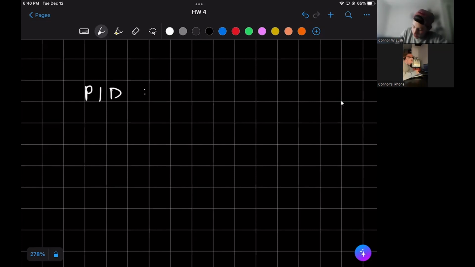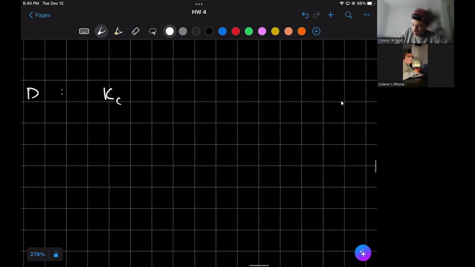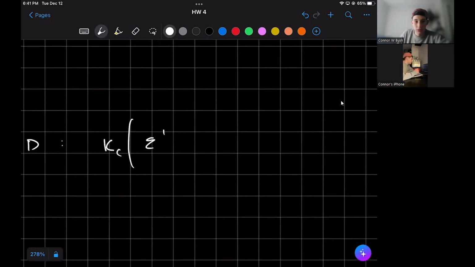The proportional component is represented by this Kc value, where we're multiplying out. This is the proportional gain. So there's this E value. This is a deviation variable where that is, let's say, some set point subtracted from our output variable. In this case, h just means height.